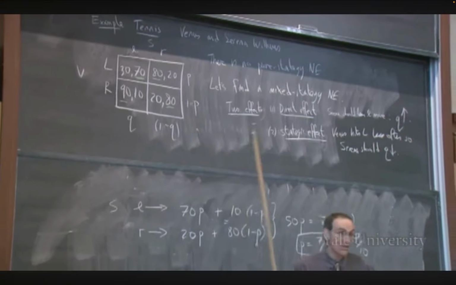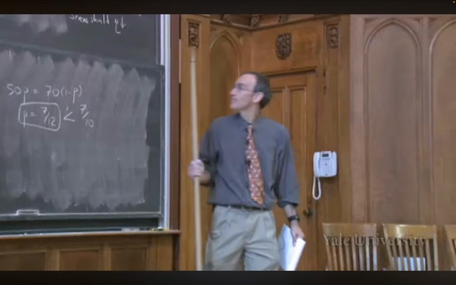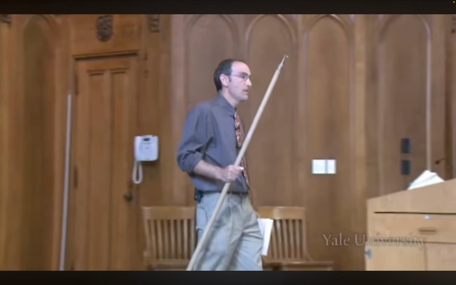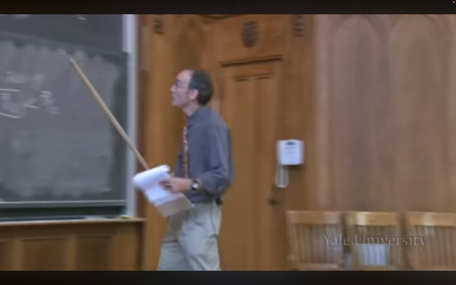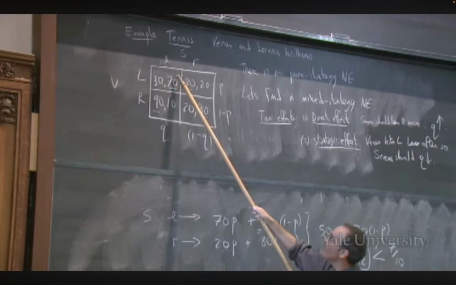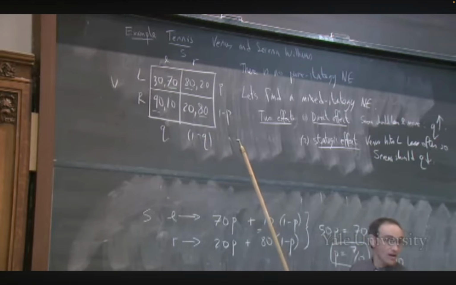Remembering that Venus was indifferent before, how would Venus have changed her play? Somebody? So if we started from the old cue, and then we improved Serena's ability to play the backhand volley, and if cue didn't change, what would Venus have done?